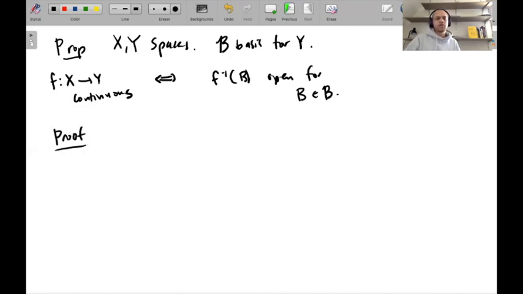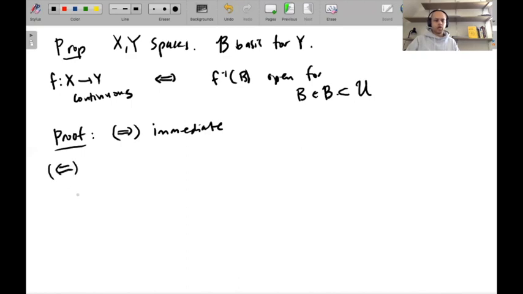So, proof. This direction is immediate because if F is continuous, then the preimage of any open set is open, and in particular, the basis elements are open sets.